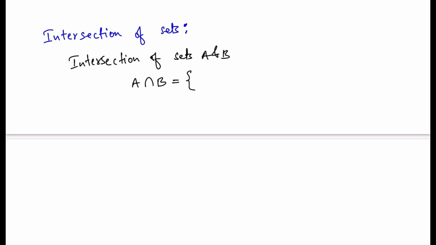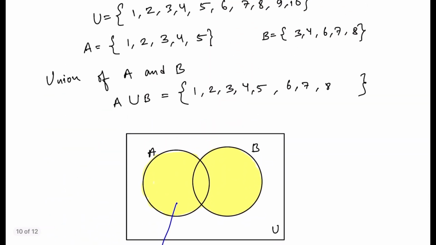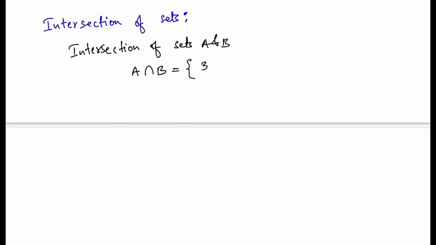It is a collection of elements which are common between A and B. So what are the elements that are common between A and B? That is 3 and 4. So basically it will be 3, 4.